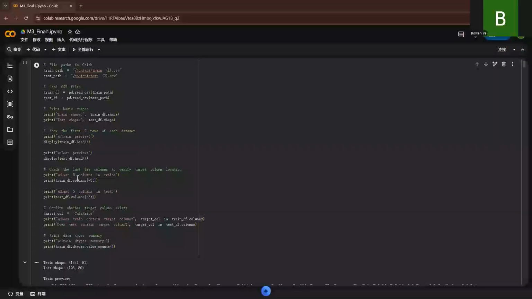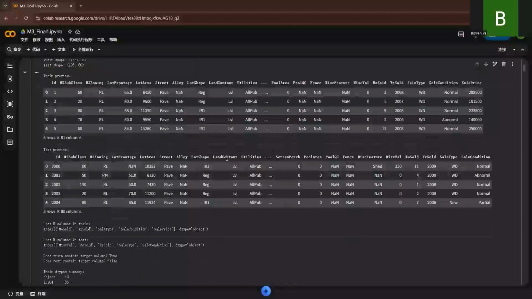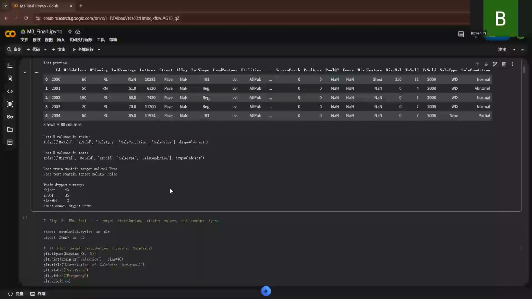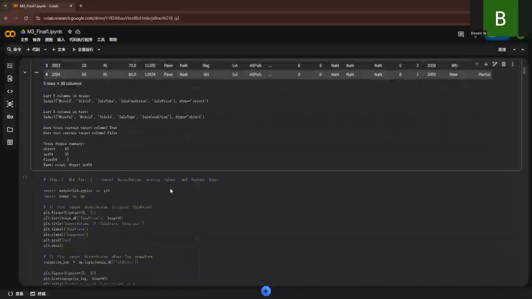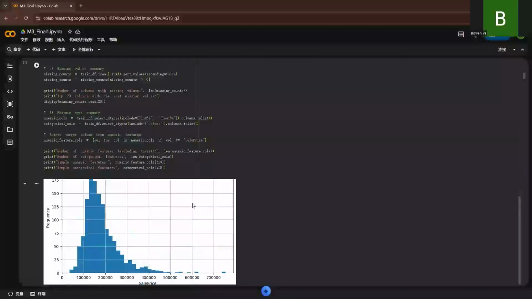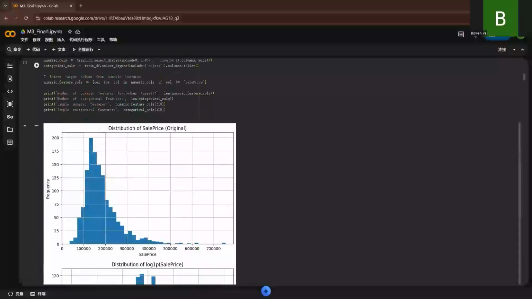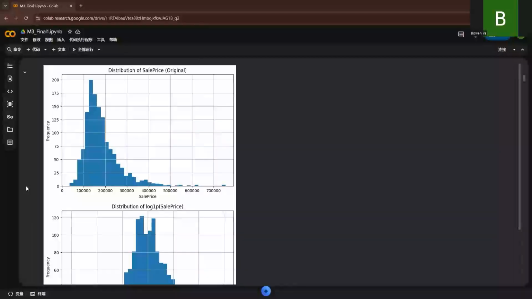The notebook begins by loading the training and test datasets using pandas, and at this stage, the purpose of the code is not modeling yet, but understanding the structure of the data. We inspected the dataset shape, previewed records, and identified the target variable, sale price. And exploratory visualization was then used to examine the distribution of house prices, and we observed the sale price is highly right-skewed.